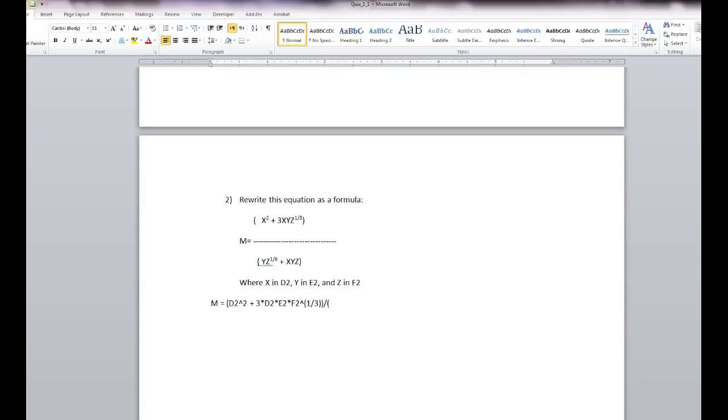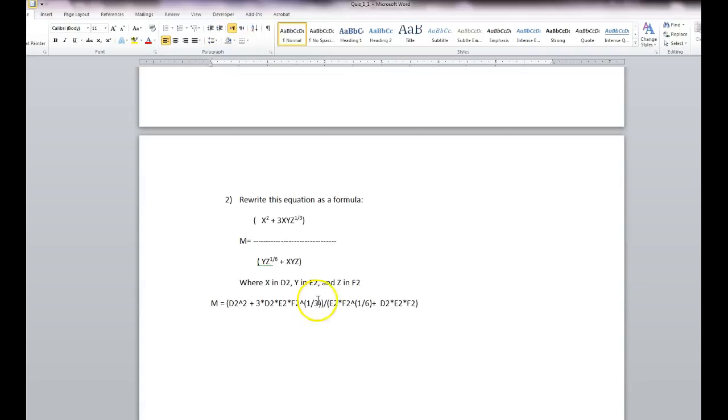Open another parentheses. Now every time we see y, it's E2, multiplied by z, which is F2. Again, now we have a fraction, so it's going to be raised to the power, open parentheses, 1 divided by 6. And now we say, okay, plus, and x is D2, multiplied by y, which is E2, multiplied by z asterisk, which is F2, and close this.